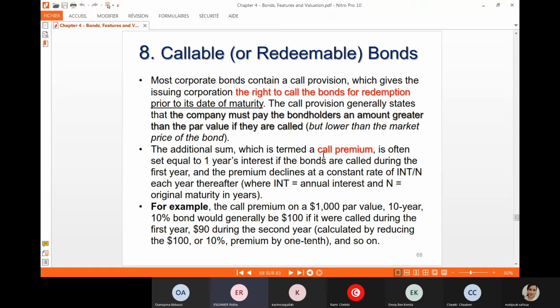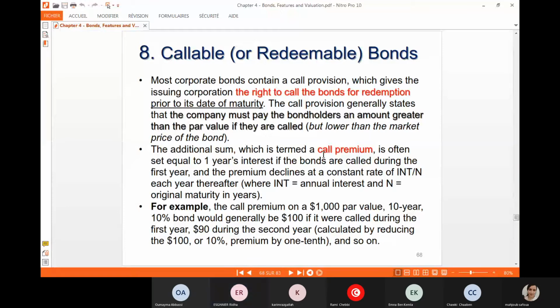For example, we have the choice, the option to reimburse you the par value, which is 1,000. Instead of 20 years from now, we can reimburse it 3 years from now.